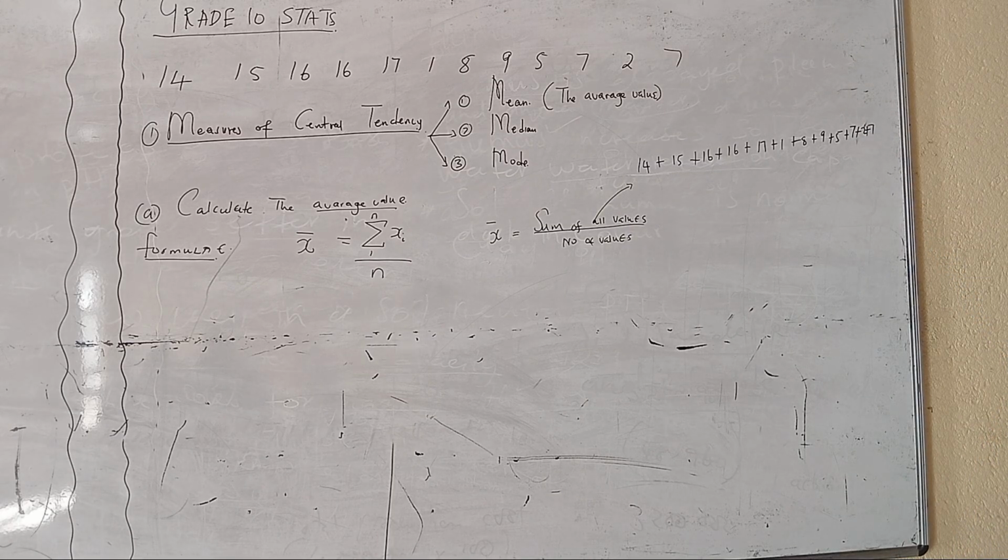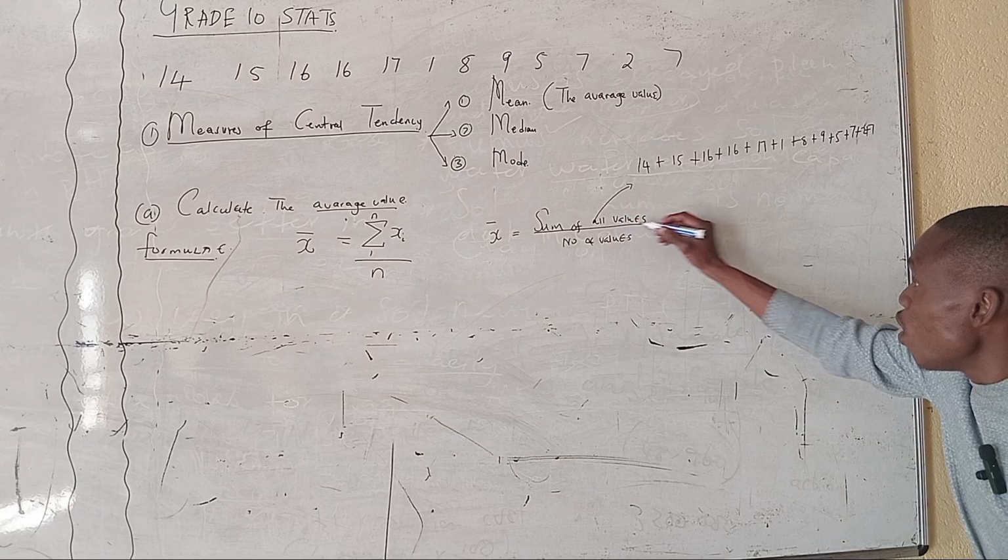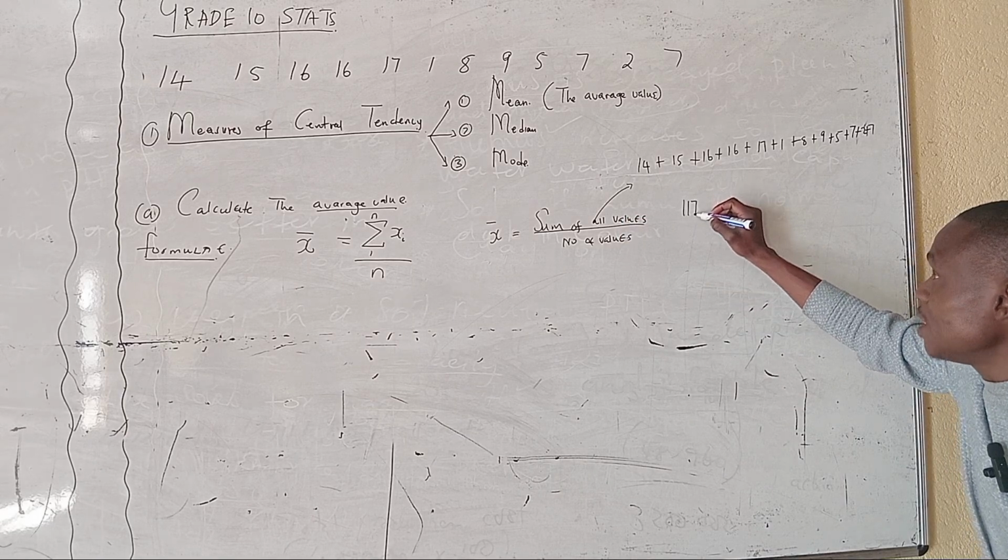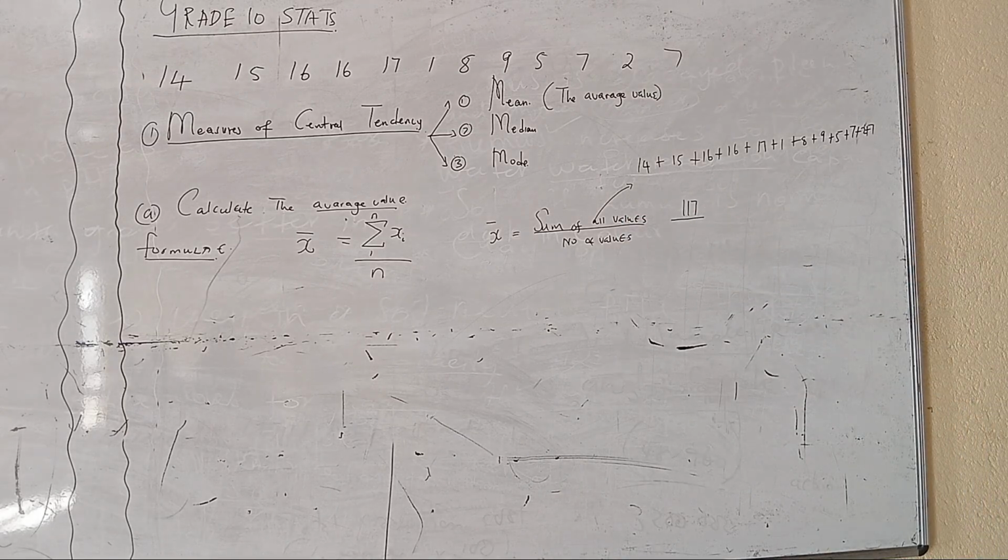You add all your values to find the sum. When you add all those values, how much do you get? The sum of all values is 117.